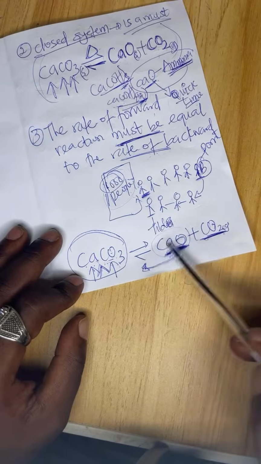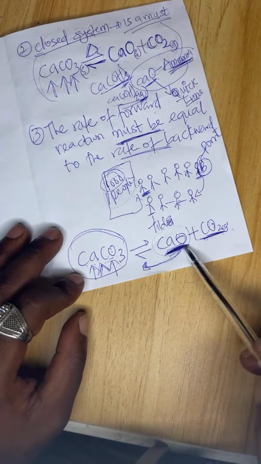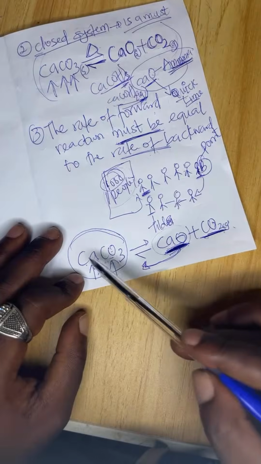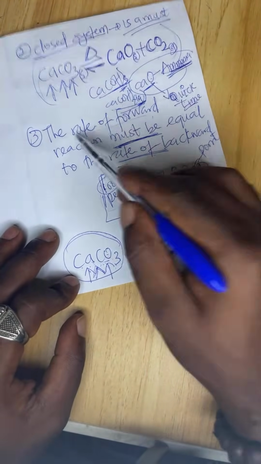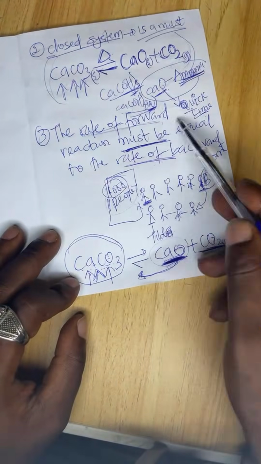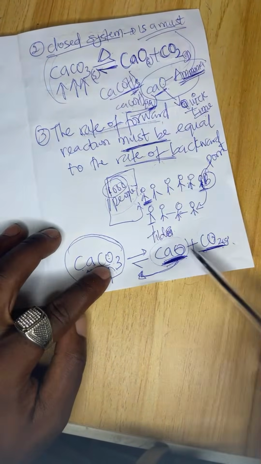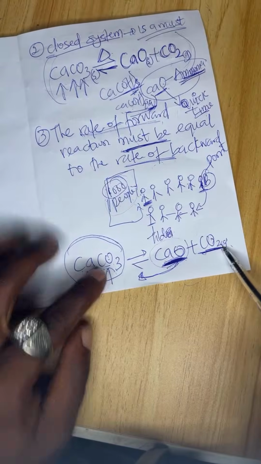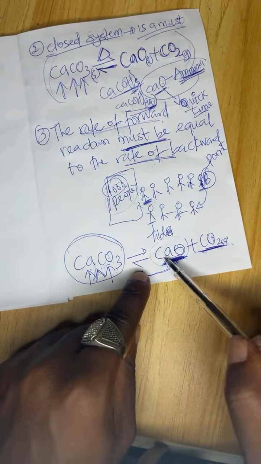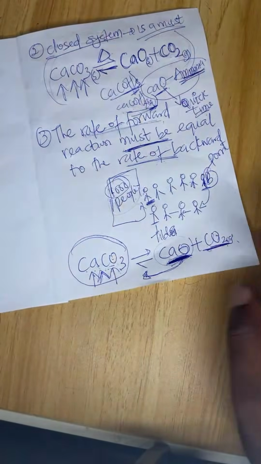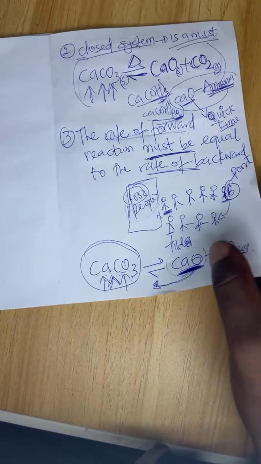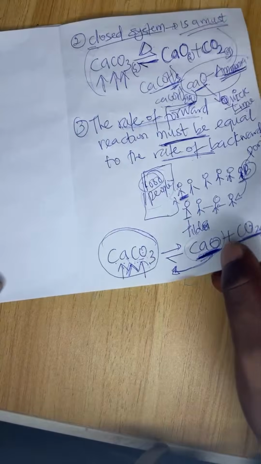CaCO3 should decompose to form CaO and CO2, and CaO and CO2 should combine to form CaCO3 at the same time. That's what it means. It's just an English word.